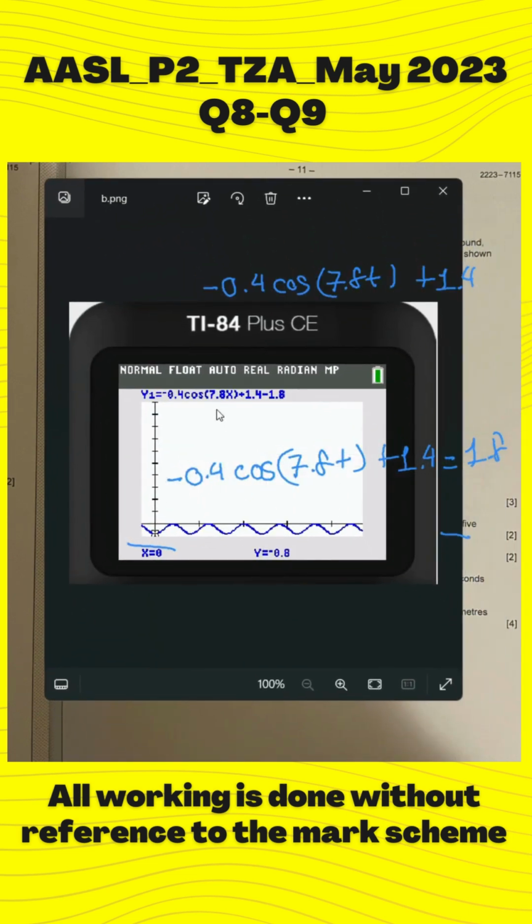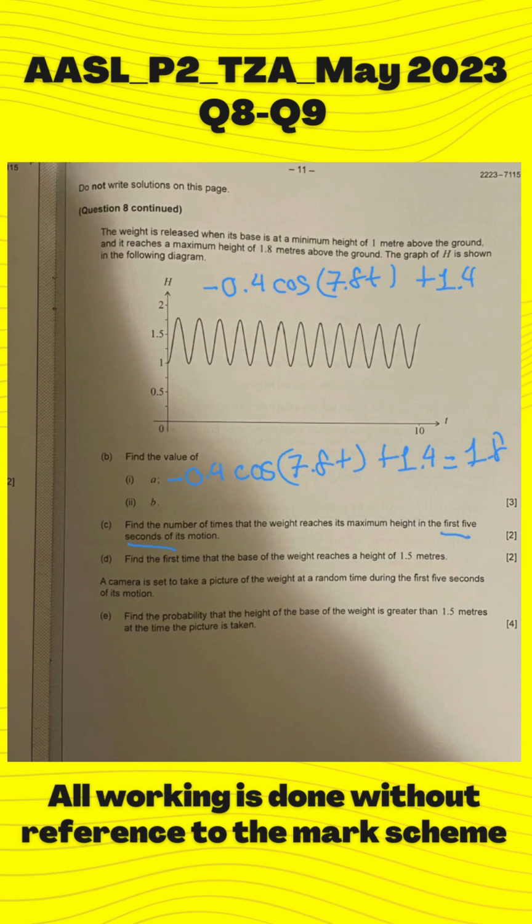And then we adjust the window from 0 to 5 because they only asked for the first 5 seconds. So we will count how many x-intercepts. So 1, 2, 3, 4, 5, and 6. So that means it will reach the maximum height 6 times.